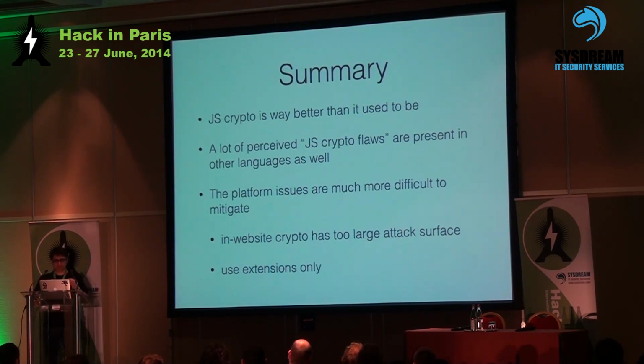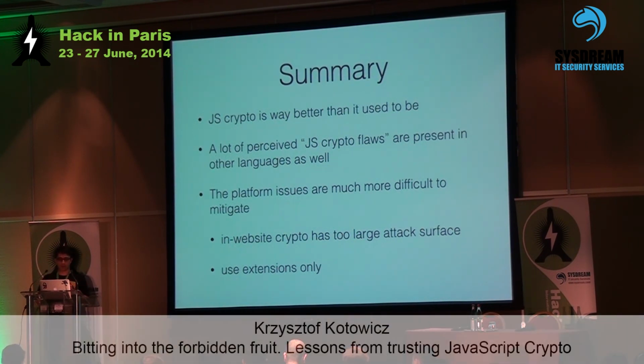And you can solve the problems that the other researchers pointed out in multiple ways, mostly just by developing your software in a sane way or having code reviews, all these boring things which are actually essential, but nobody mentions. So the platform issues are way more difficult to handle, but you can have relatively safe JavaScript cryptography when run in a browser extension.